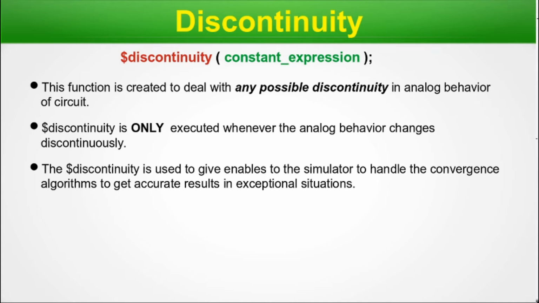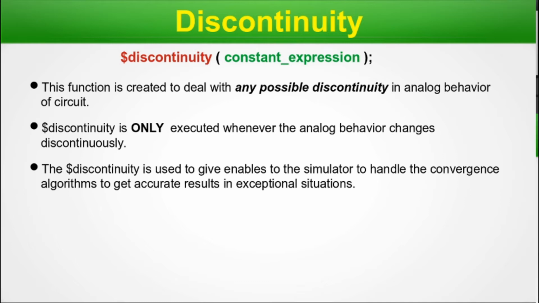So we know that any simulator uses numerical methods inside it to deal with the convergence, and if there is a discontinuity, it might cause an issue of the convergence, and this discontinuity function will help to instruct the simulator to make the convergence better.